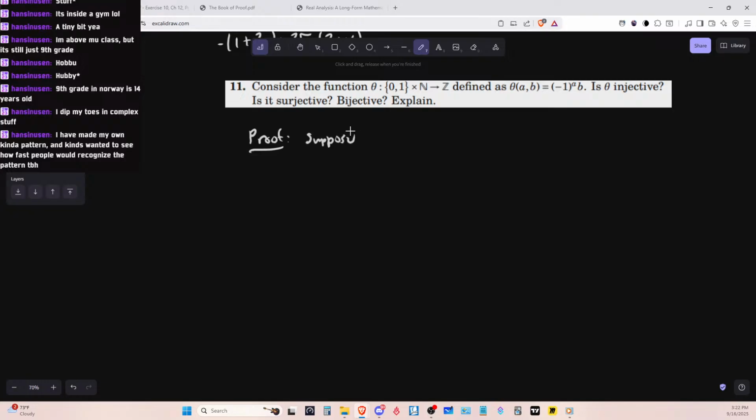Suppose we have A and B, and A prime, B prime, are elements of the Cartesian product of 0 and 1 with the natural numbers, and theta of A, B is equal to theta of A prime, B prime.